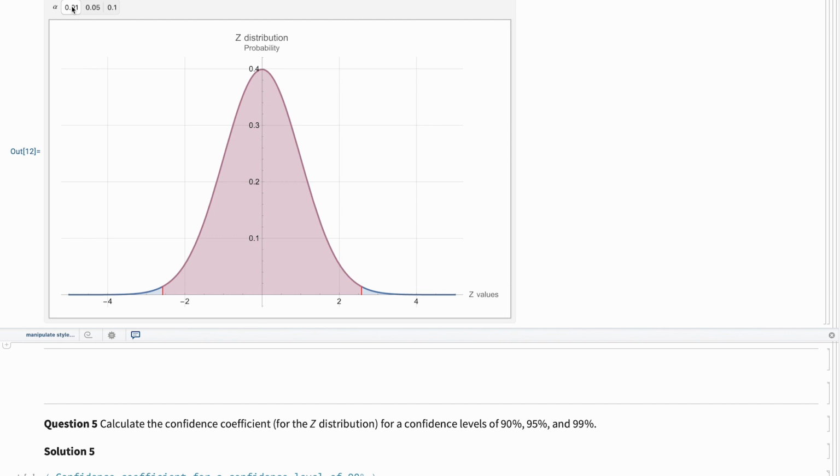And you can see here, my little red zone. It's very improbable to find values outside of this red zone. This red zone represents the 99% most probable values, and that's my confidence level. I want a confidence level of 99%. In other words, I want to capture the 99% most probable values. And because this distribution is symmetric, of course, it's going to be the same on either side.